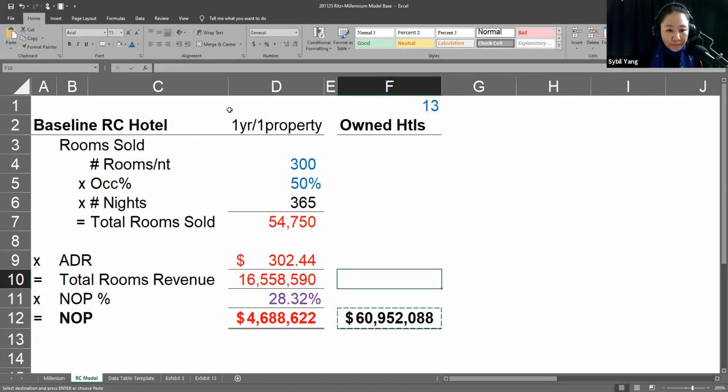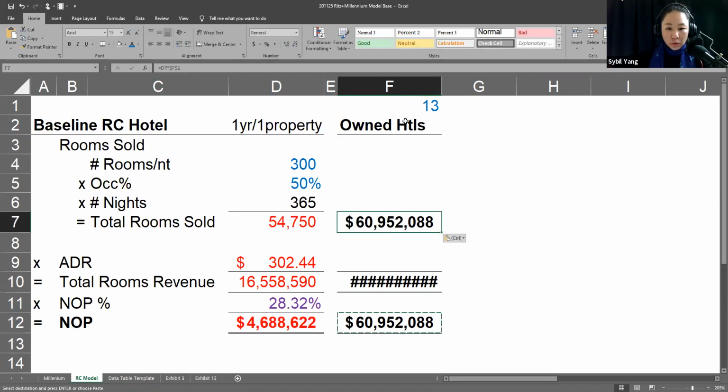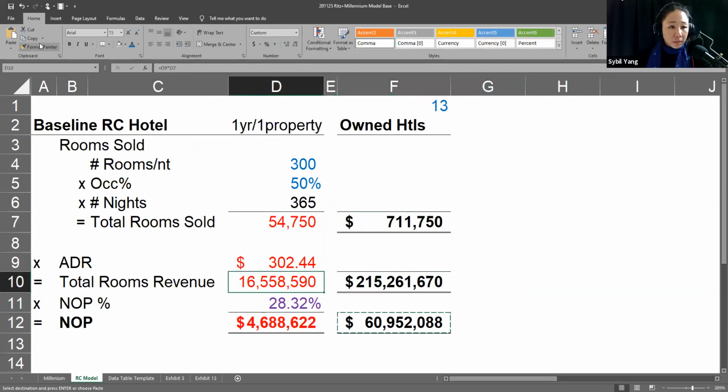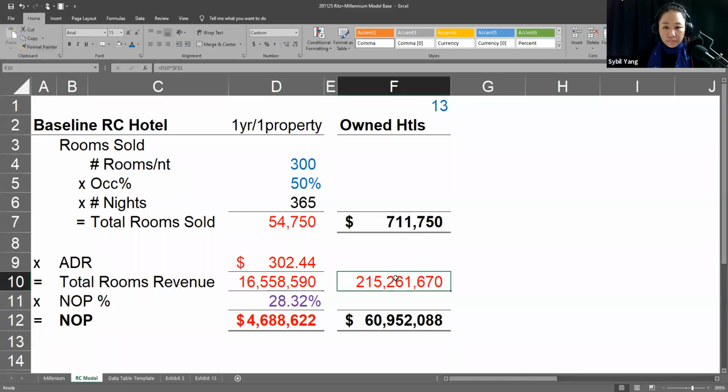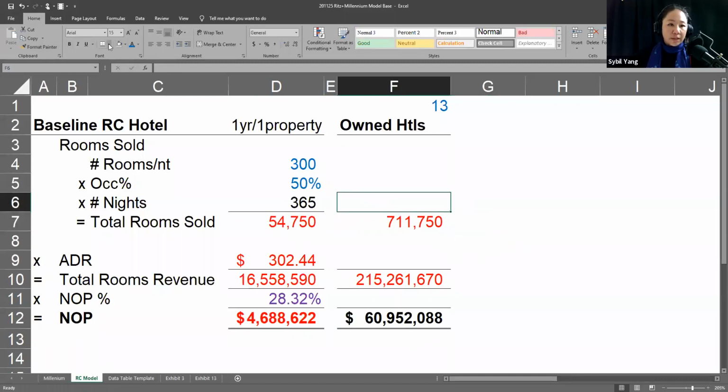Presumably total rooms revenue and total rooms sold, format painter this, just real quick to make things seem somewhat consistent. So this is on the 13 owned hotels.